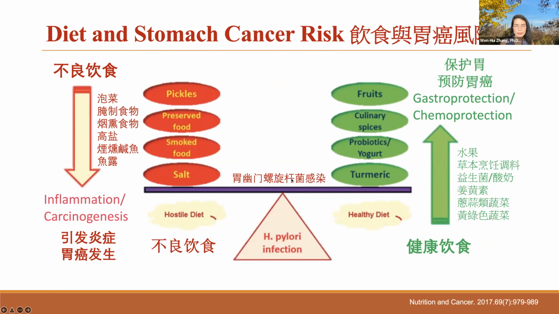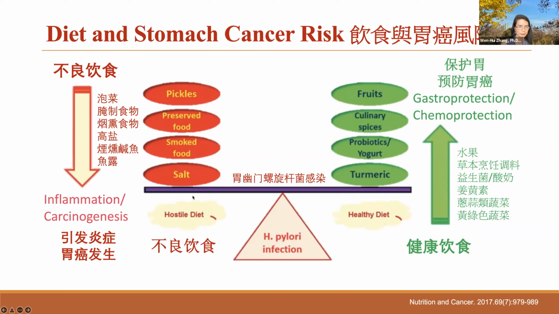After H. pylori infection, the diet we take on a daily basis could have a positive or negative impact on the risk of stomach cancer. A poor diet includes pickles, preserved food, smoked food, salt. Most of these are high-salt foods.